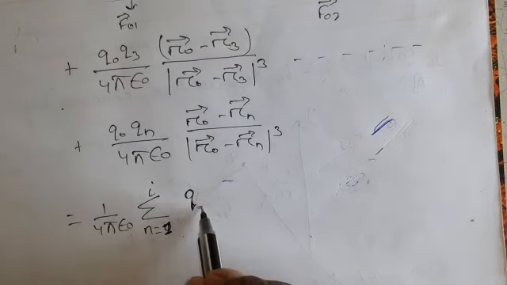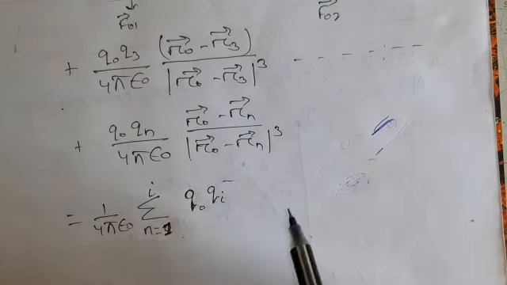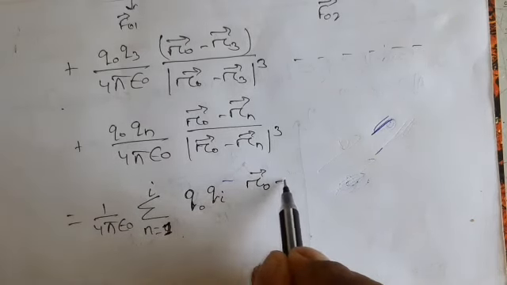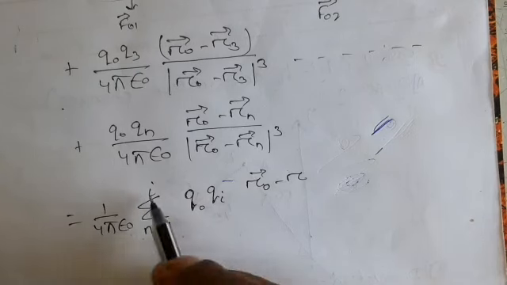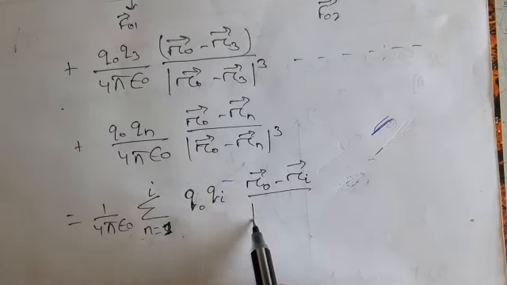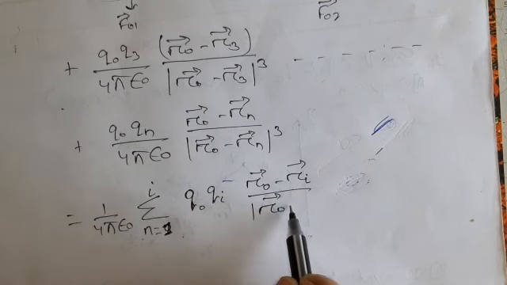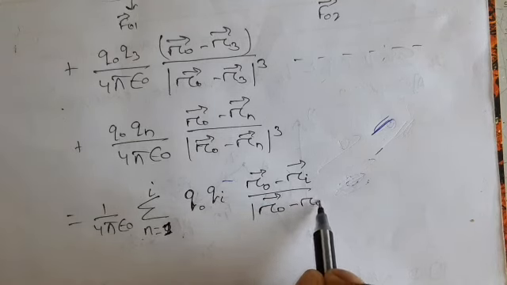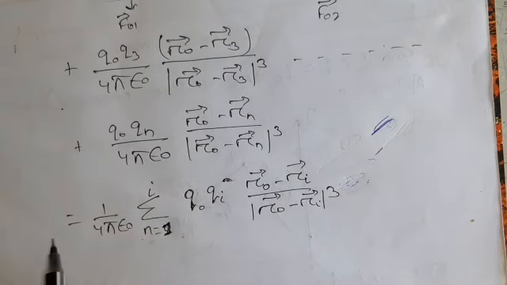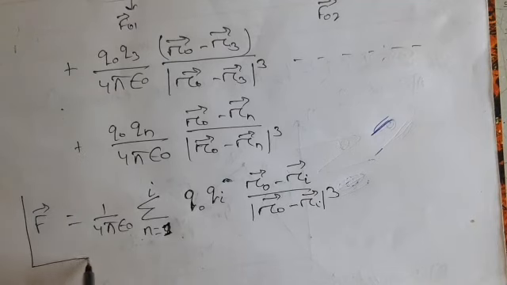So I will write here Q naught Qi, R naught vector minus Ri vector divided by magnitude of R naught vector minus Ri vector to the power 3. Okay, this is the sum of total force.